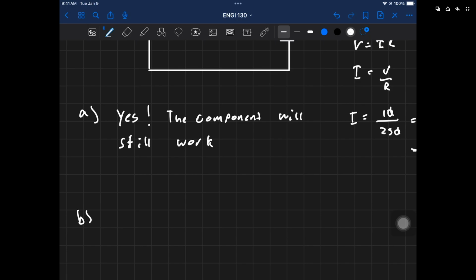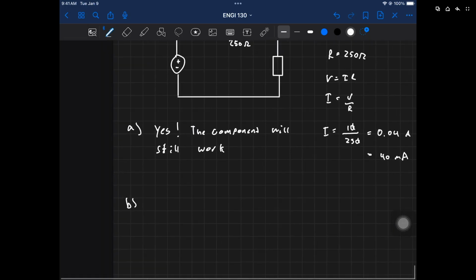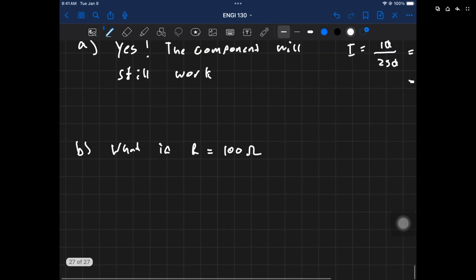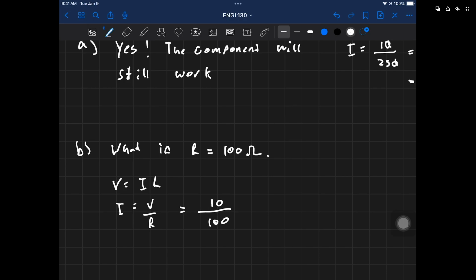Now for part B, if R was actually 100 ohms, what would I be? Well, we just do the same exact thing. V = IR, I = V/R, which is equal to 10/100.